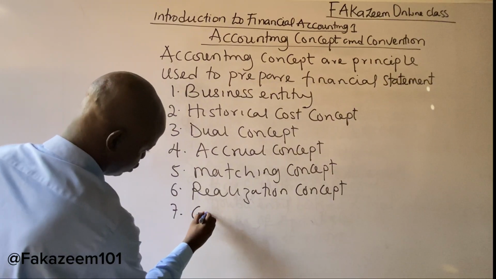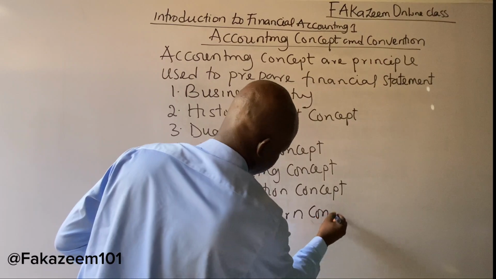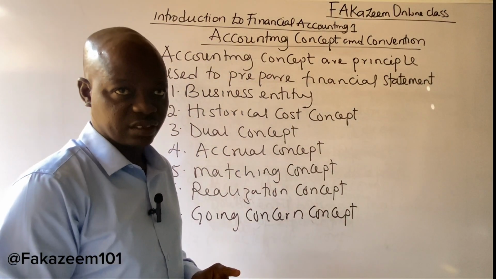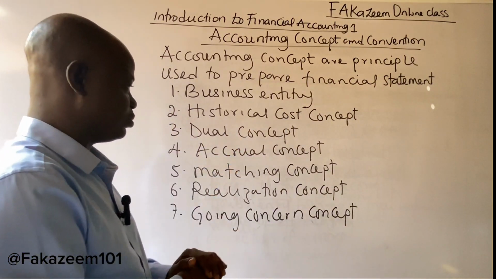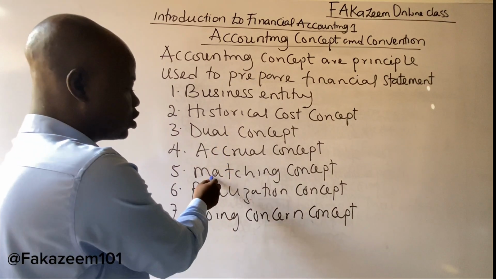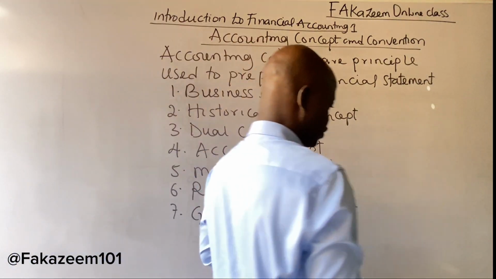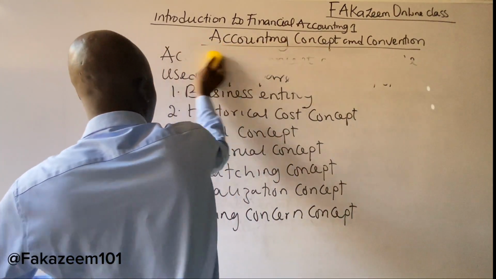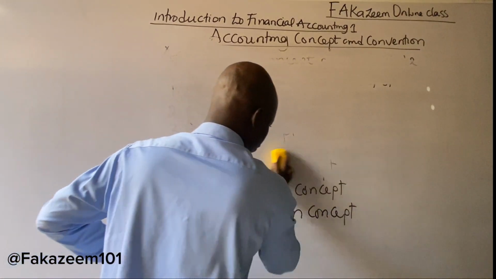Going concern concept. These concepts are very important. We have the business entity concept, the historical cost concept, the dual concept, the accrual concept, the machine concept, realization concept, and going concern concept. We'll be looking at each of these accounting concepts and explain each of them one after the other.